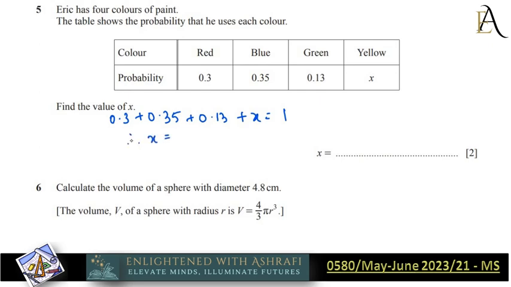Therefore, X is equal to 1 minus, let's do the calculation, 0.3 plus 0.35 plus 0.13 gives me 0.78, which gives 0.22. So my probability for yellow is 0.22.